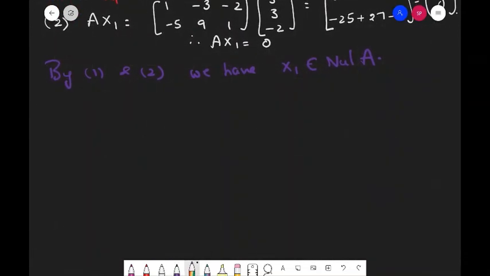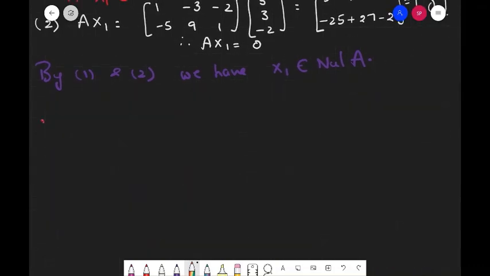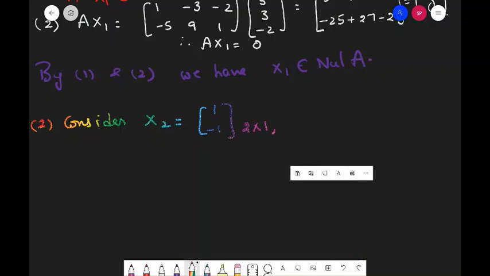In the second, I have a vector, consider x2 is equal to 1, minus 1. What is its order? Its order is 2 by 1. But I have here n is equal to 3.